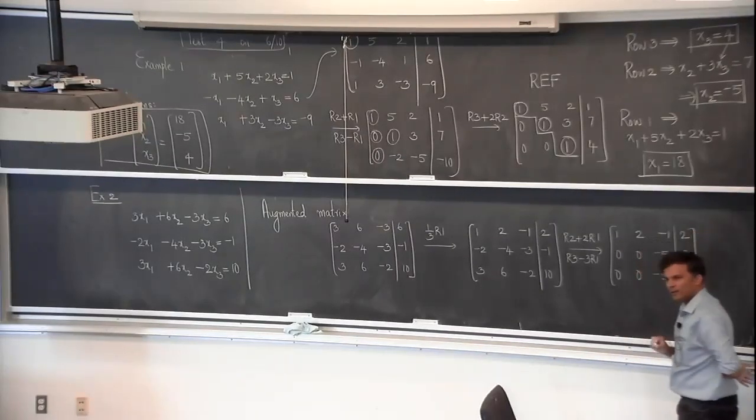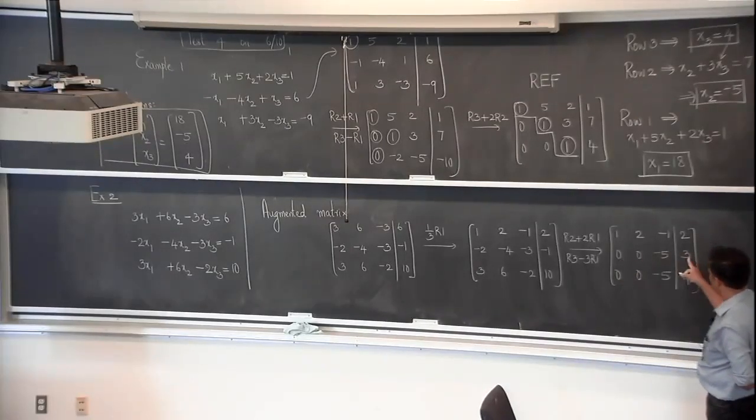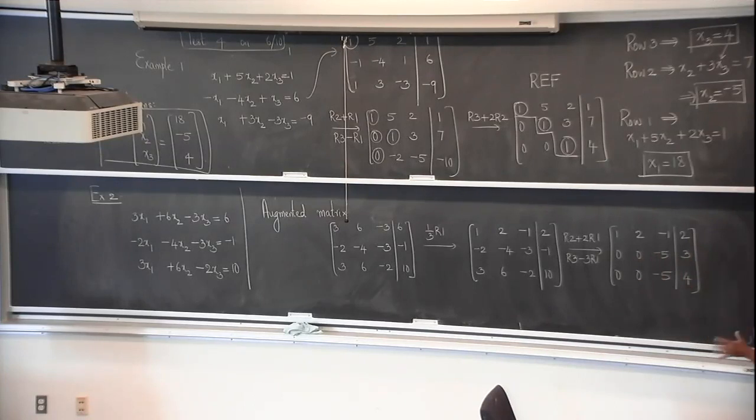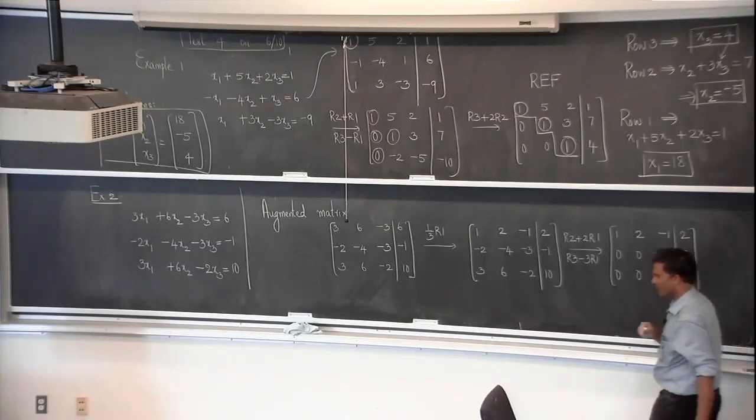If you look carefully, you can kind of sense trouble in the last 2 rows. Because here it looks like 0, 0, -5, and a 3. This one looks like 0, 0, -5, and a 4. Something is not right. Now, if you're not seeing that, let's keep going, because this is still not an REF. You can divide the second and third rows by -5.